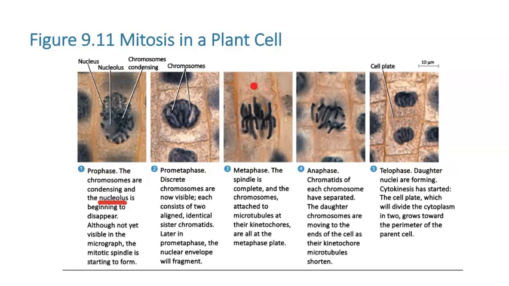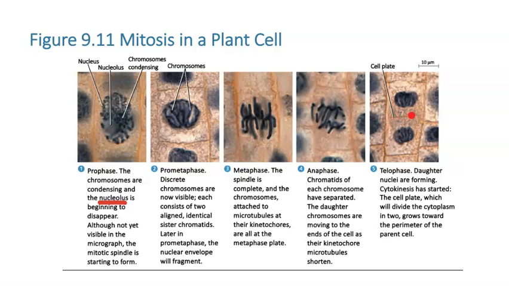During anaphase, the sister chromatids split apart, the same as in animal cells. Remember that our kinetochore microtubules are shortening and our non-kinetochore microtubules are pushing apart, but we don't get pinching in. And this is the key.